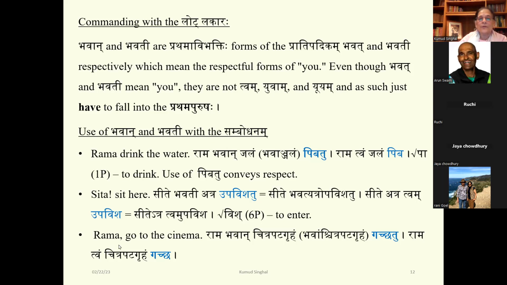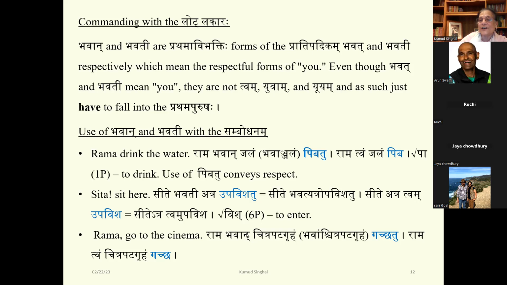Okay, so now here, Rama go to the cinema. So Rama, bhavan, cinema, the Sanskrit is chitrapatagraham. I had to look into the dictionary because I wanted to illustrate a sandhi here. If you remember, it is ending with a na, and the next word is beginning with a cha.